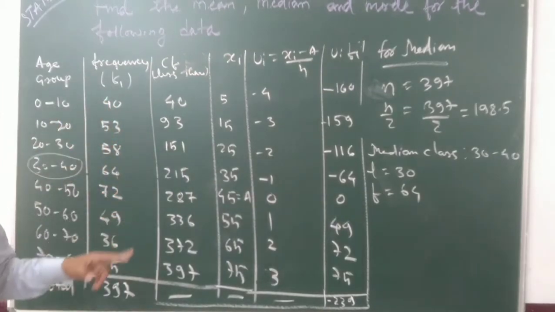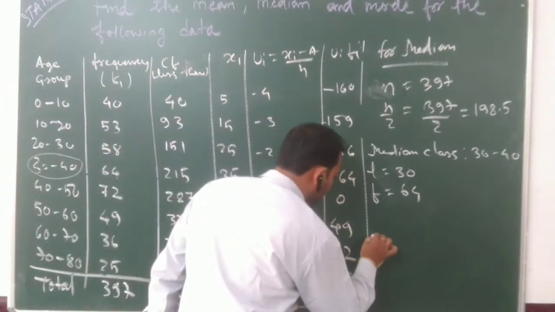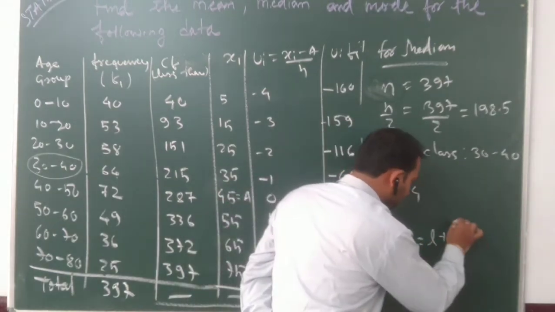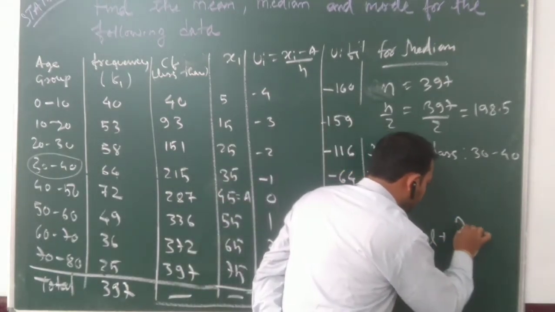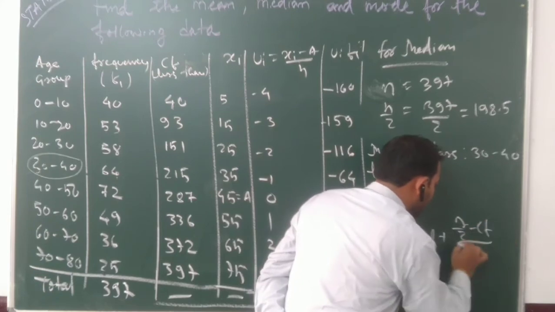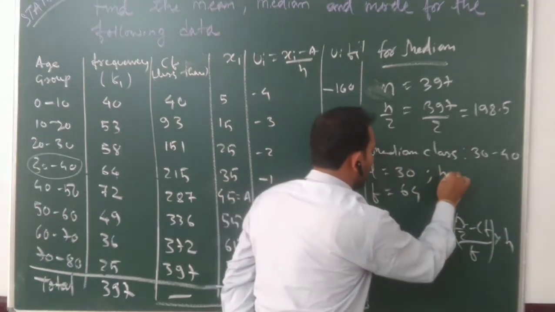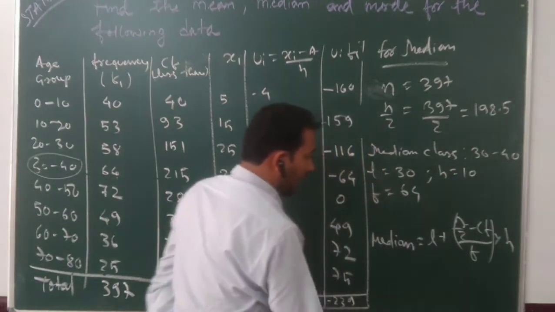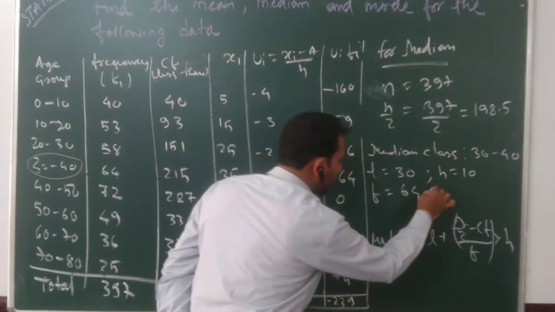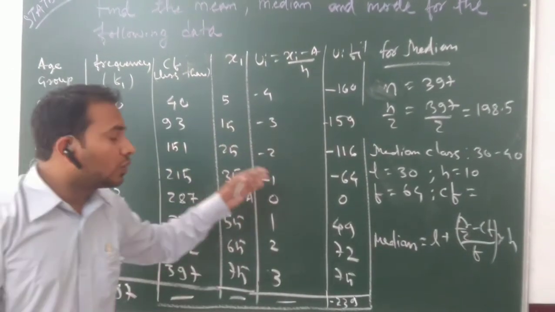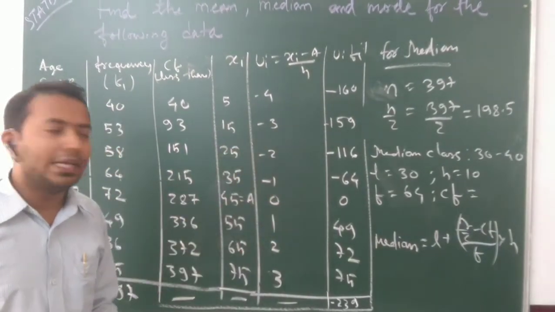Next what we need? The formula. Let's enter into the formula. So what we have? L plus n by 2 minus CF, by f, into h. So here h stays fixed. And CF we need. See, CF means what? CF means cumulative frequency of the class preceding the median class.